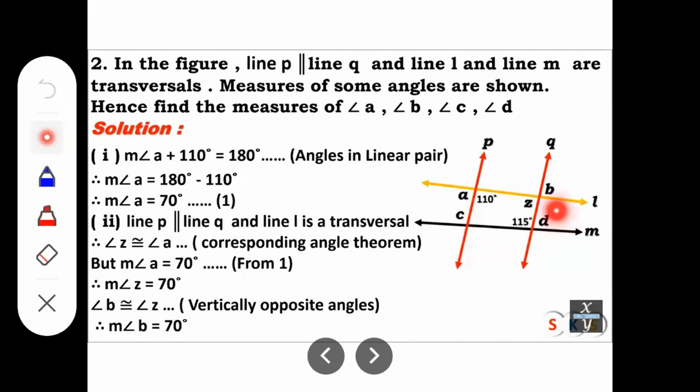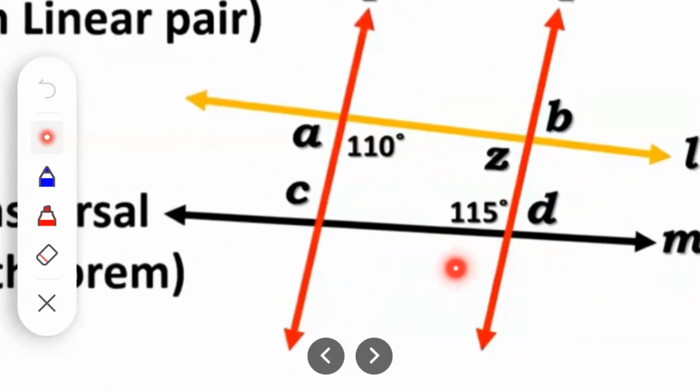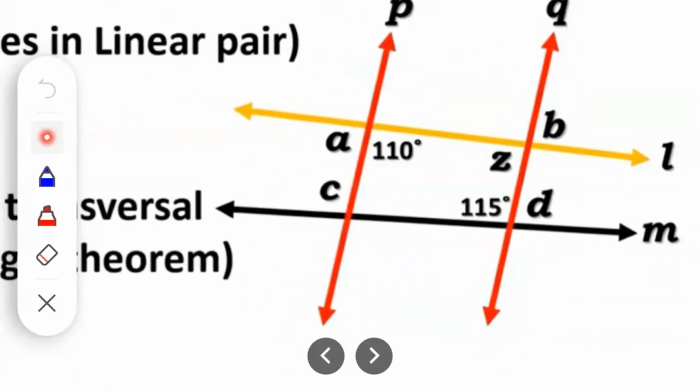To find the answer, some angle measurements are given here. You can see 110 degrees and another measurement of 115 degrees. So see how you can find it. It's very easy again with those properties. Angle A and this measurement are angles in a linear pair.